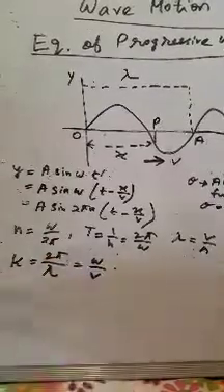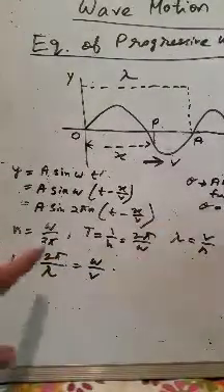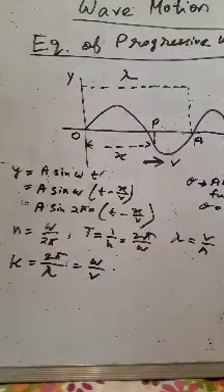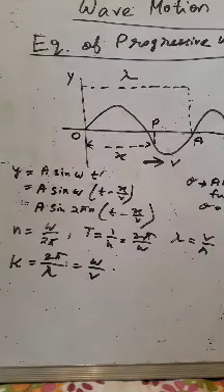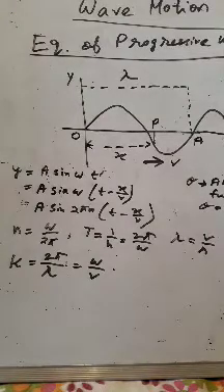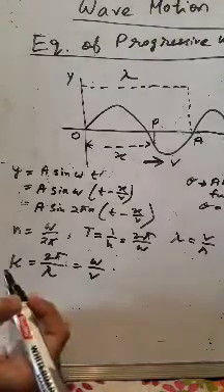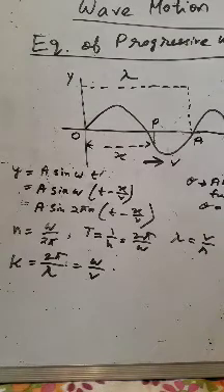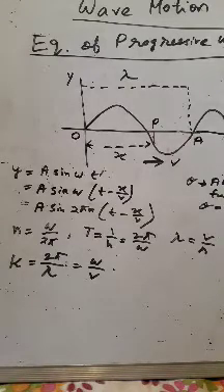This is the data that we have got by putting all these values. I hope you have learned how we can express the values of frequency, time period, as well as the angular wave number k.